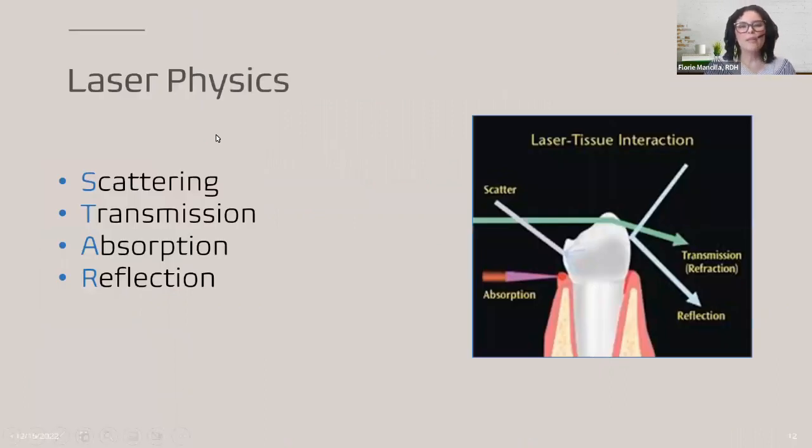So let's talk a little bit about laser physics and what is going on when we step on the foot pedal for our laser. We are getting tissue interaction. The STAR acronym refers to scattering, transmission, absorption, and reflection.